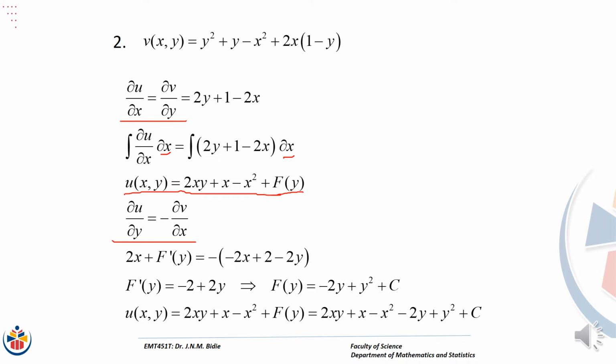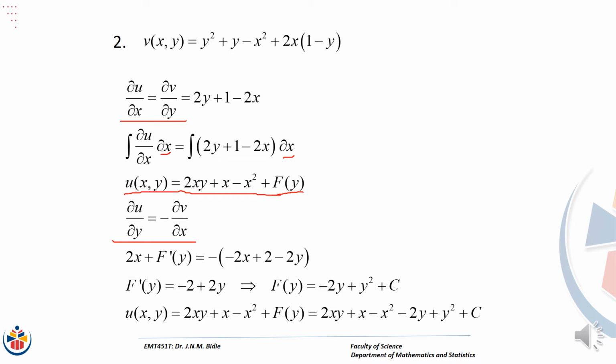And then equal to the negative. And then I use the brackets because I've got more than one term for v. Then we differentiate v with respect to x. So that means we'll have negative 2x plus 2 minus 2y. And then please check. And then you multiply that with a negative.